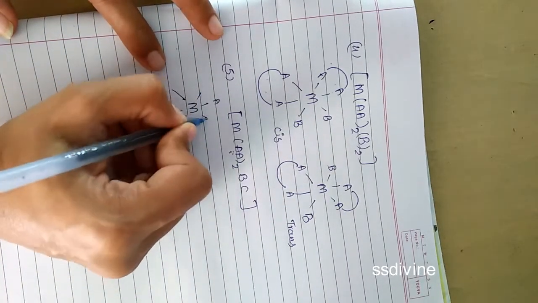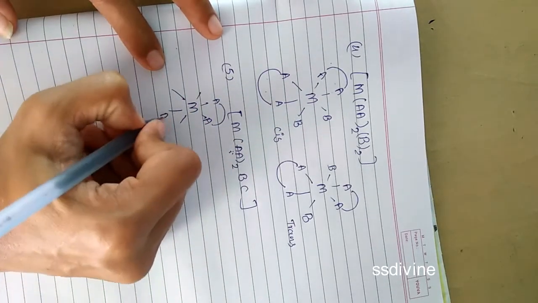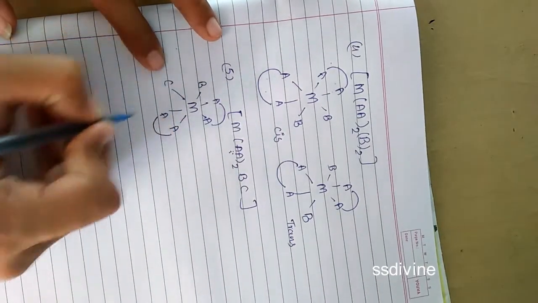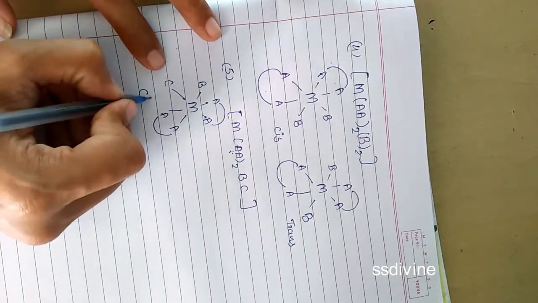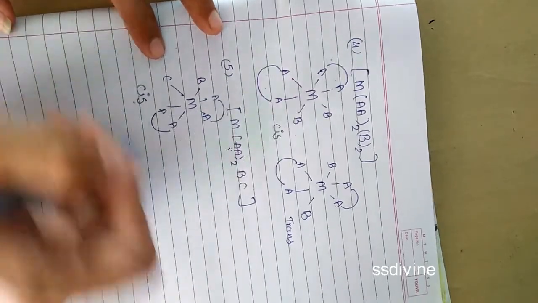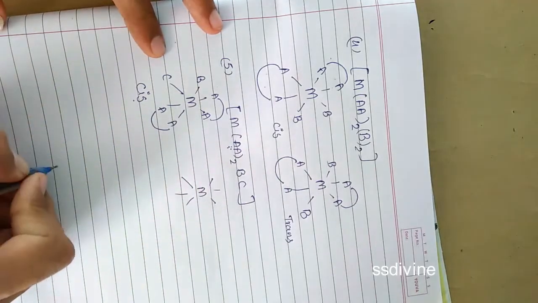So first of all I am keeping it on the same side, that is AA. Again I am keeping over here AA, and this is my B and C. So the obtained isomer is your cis isomer, and the other one is your trans.